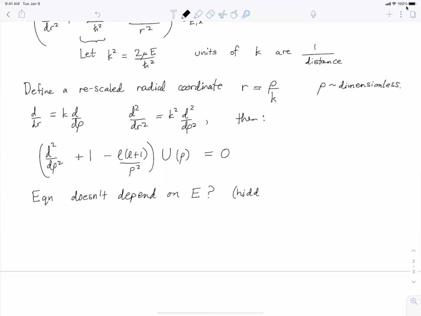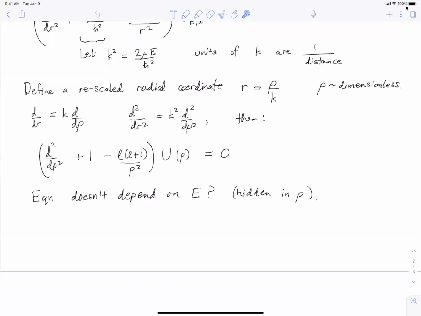So what that means is once we solve the equation, it's nice that our solution won't depend on the energy. But once we solve it, then when we go back to the original variables, it will reappear because r depends on rho and k depends on the energy.